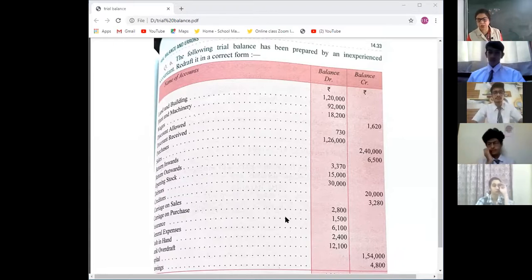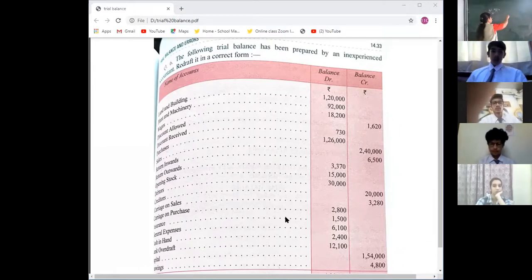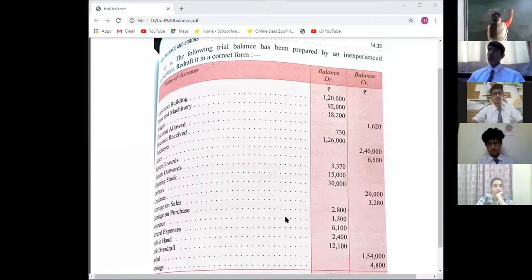I'm sure you must be able to learn all those. See what I told you: all assets, all expenditures, purchase, sales return, expenses and losses, all will be debit always.